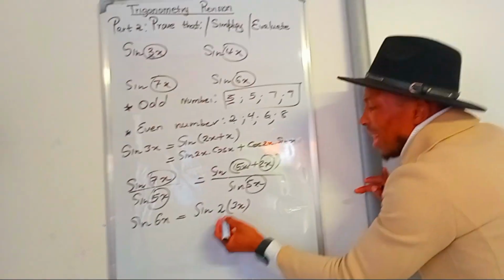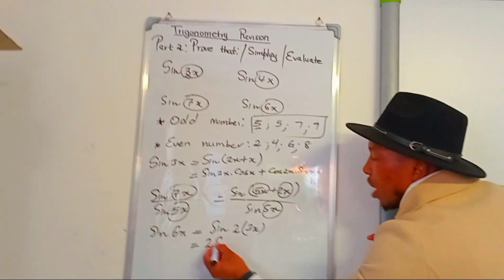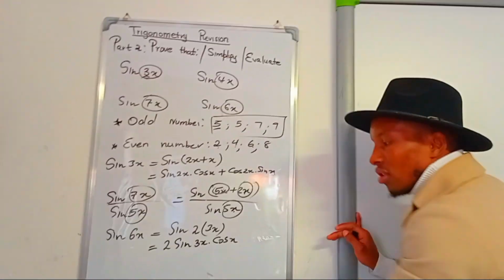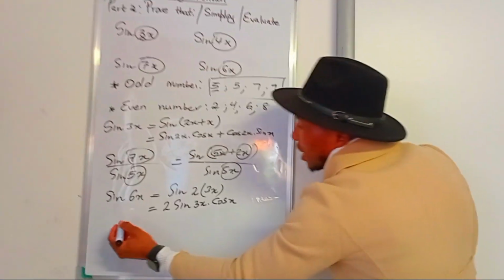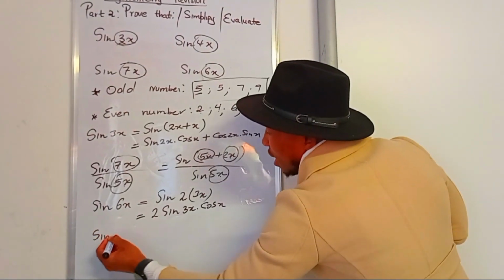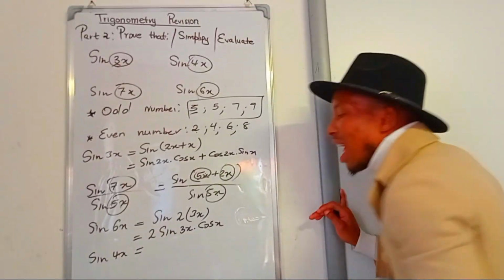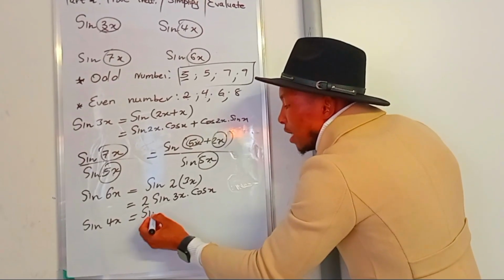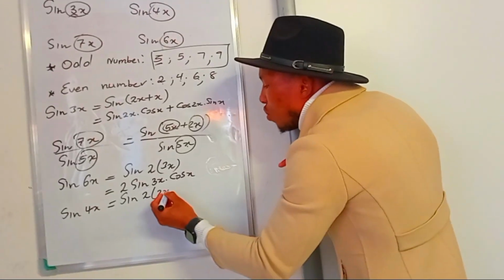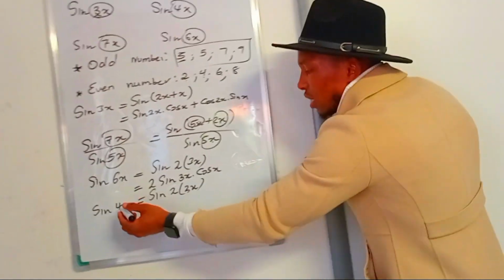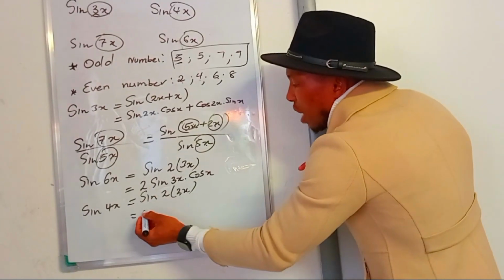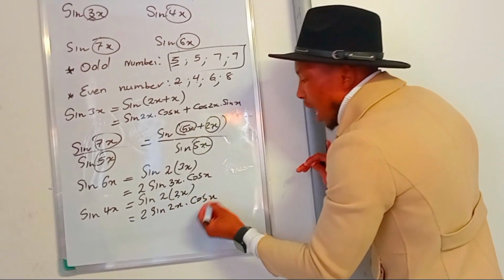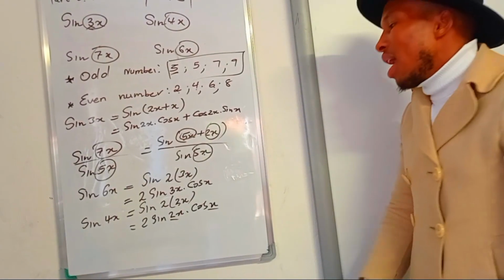Therefore, that is the double angle: sine 3x times cos x. And also, if you have sine 4x, they are asking you for the double angle, which is sine 2 times 2x. 2 times 2 is equal to 4. Therefore, you can change this one to sine 2x times cos x. Then you know this compound angle.